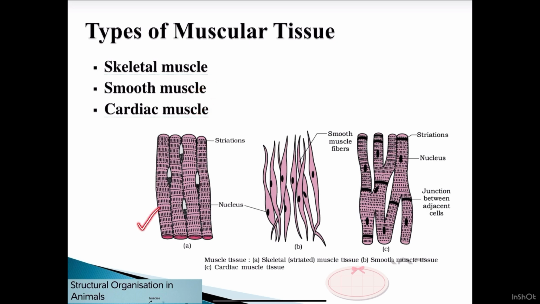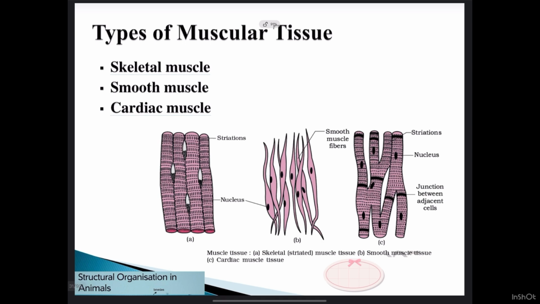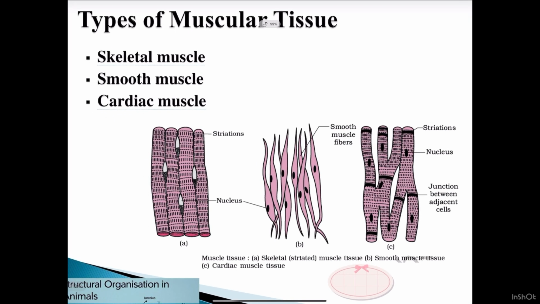Skeletal muscle, this is the diagram. It has a cylindrical shape and a striated structure can be seen, and the nucleus is at the peripheral region of the cell, not at the center. The second one is smooth muscle, where spindle-shaped cells can be seen. The third one is cardiac muscle, which is similar to skeletal muscle but is branched, and the nucleus is at the center.